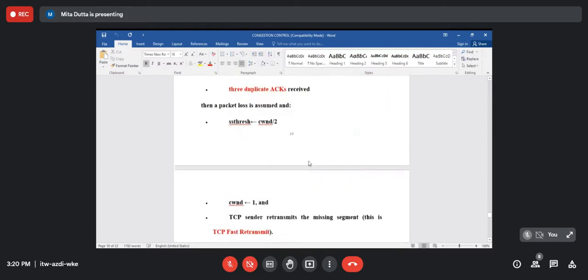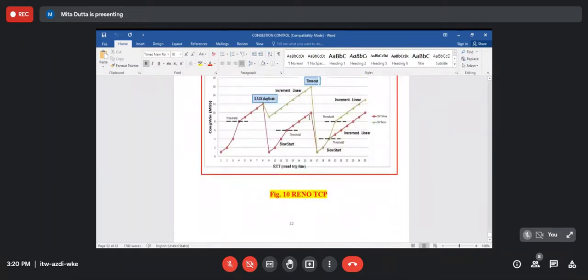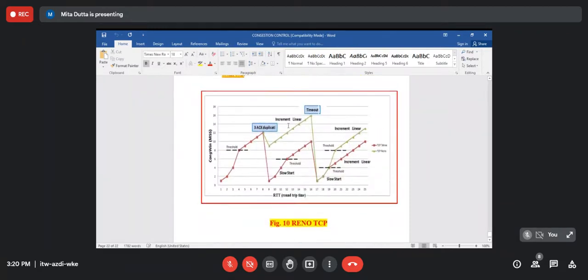Both can be explained if we consider this figure. Here the green one is TCP Reno and the red one is TCP Tahoe. We have taken 2 situations of congestion, light congestion and heavy congestion. Heavy congestion is denoted by timeout, and light congestion is denoted by 3 duplicate ACKs.